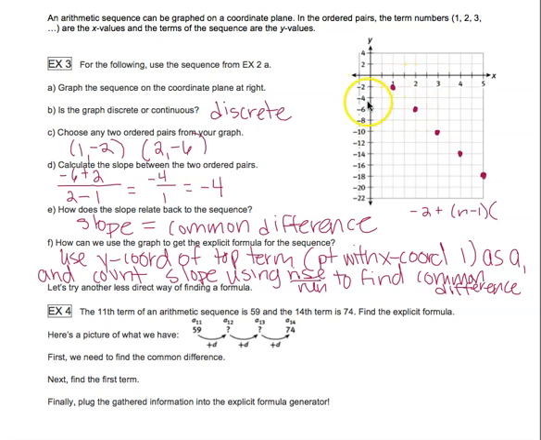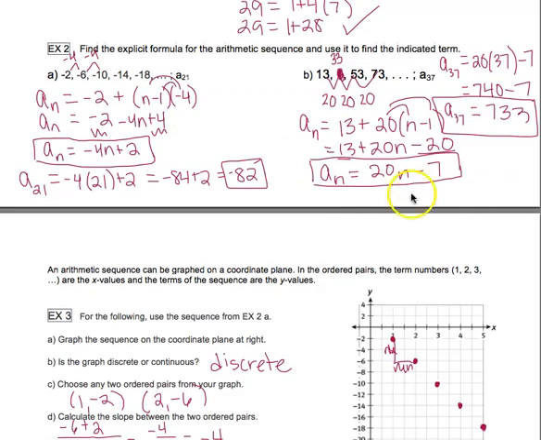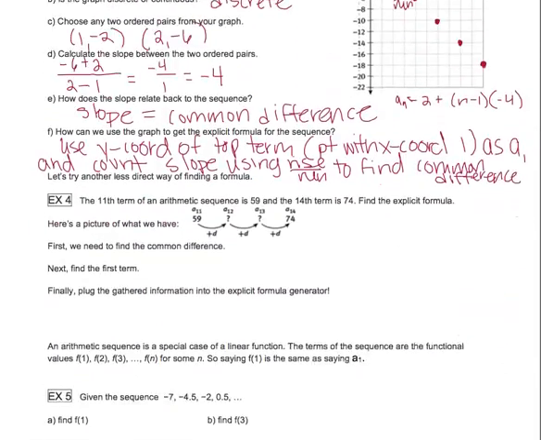Now be careful here because we're counting by 2's, but the rise is negative 4, run is 1, which again gives me this guy. Notice that this now looks exactly like what I did up here. So we could work from the graph as well.